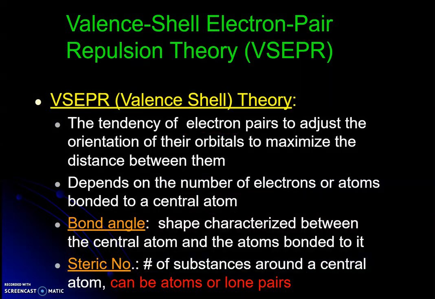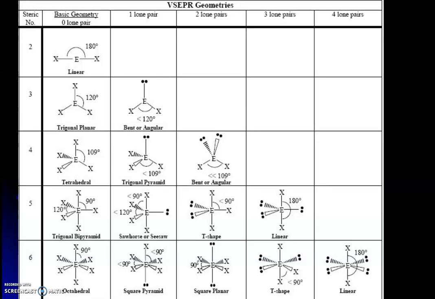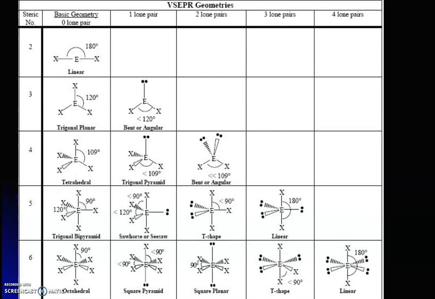One important thing that we distribute in class is this VSEPR geometries chart. The one that I give you is marked up a little bit. If you don't have that one, it's okay. You are going to be responsible here in class to know 2, 3, and 4 things around the central atom.